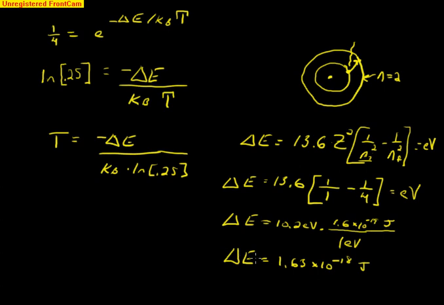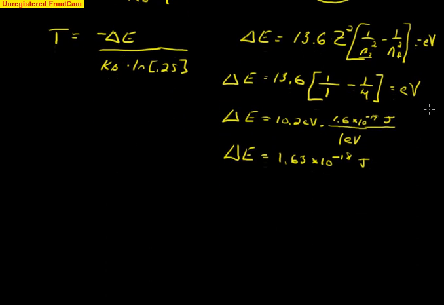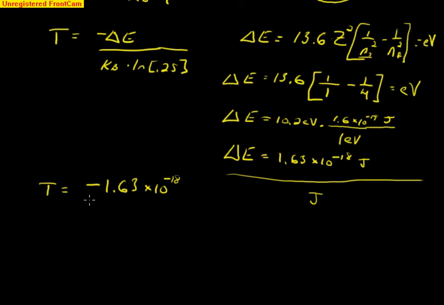So now we can take this and plug it into here. Let me make some more room. Our temperature is going to be equal to the negative change in energy, negative 1.63 times 10 to the negative 18th joules. Let's do our dimensional analysis over here. We got joules, all of this over Boltzmann's constant.